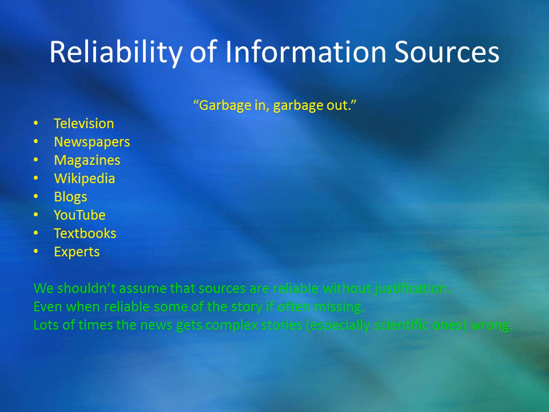Oftentimes, even when generally reliable, the news will get certain types of complex stories wrong, especially scientific ones. They just don't understand the science, and so they'll report things wrongly. Other times, they'll report stories that are very sensational but unlikely to be true.